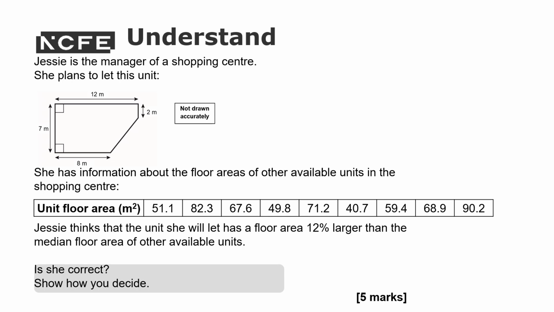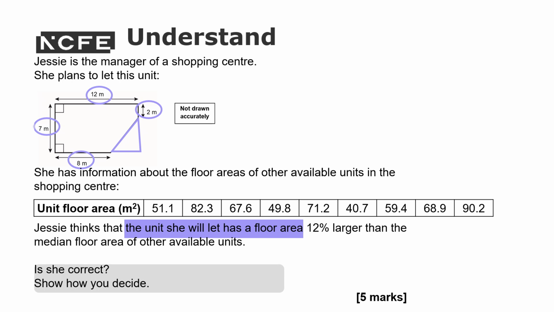So we know that Jessie is going to let this unit, and we've got a diagram with some measurements around the edge. So that's the floor area, and what I'm going to do is break that up into the rectangle and then subtract away that triangle there. I think that's the easiest, fastest way for me to find that area. So that's the way I'm going to do that.